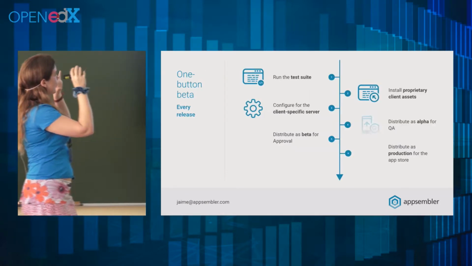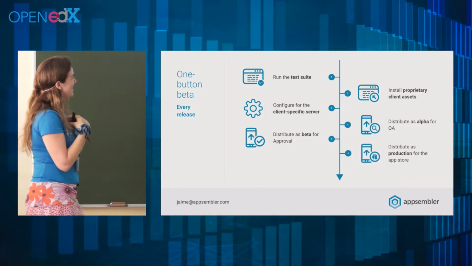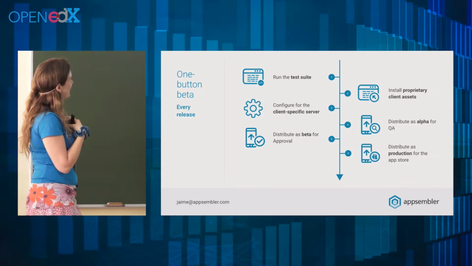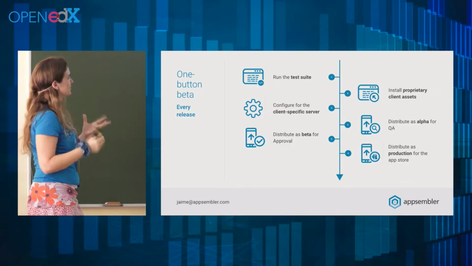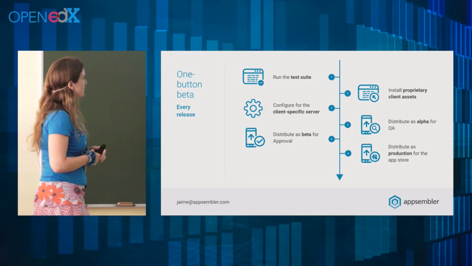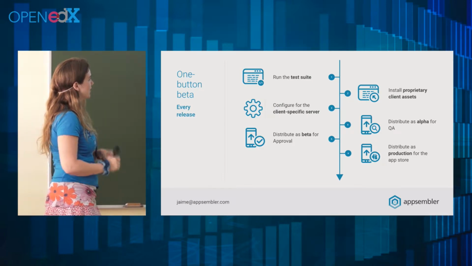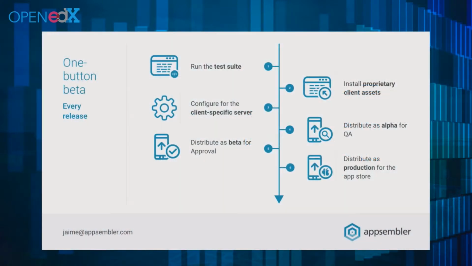So this is my baby that I'm very proud of, and this is our automated solution that we developed this year. Basically, in a nutshell, it is continuous delivery, continuous integration, and separation of client-specific code from generic code.